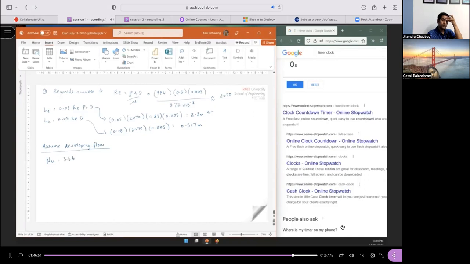It's 3.66, plus 0.065 times D on L, that's Reynolds number times Prandtl number, divided by 1 plus 0.04 times D on L, that's Reynolds number times Prandtl number, to the power of 2/3.